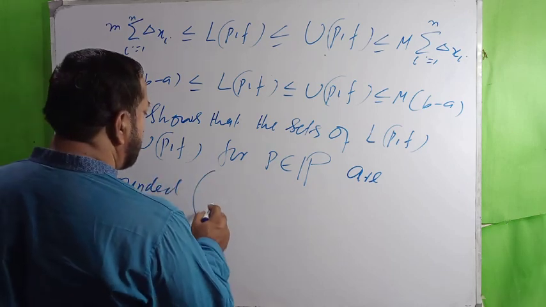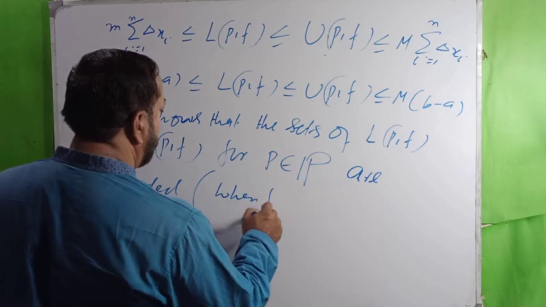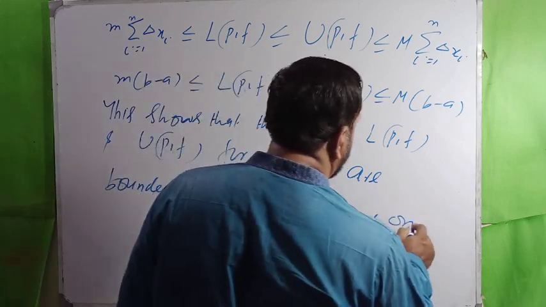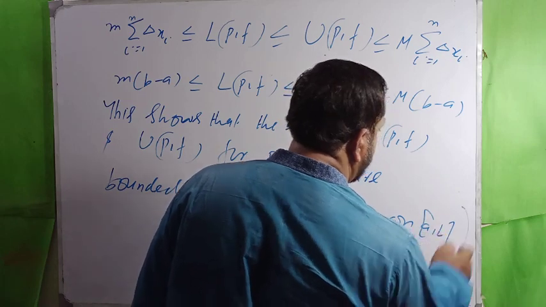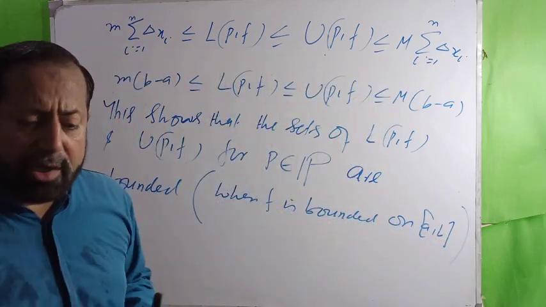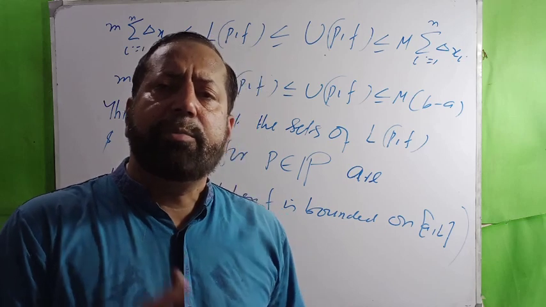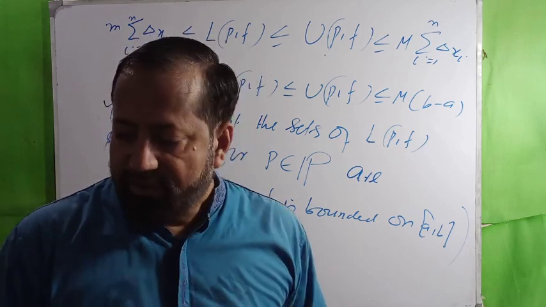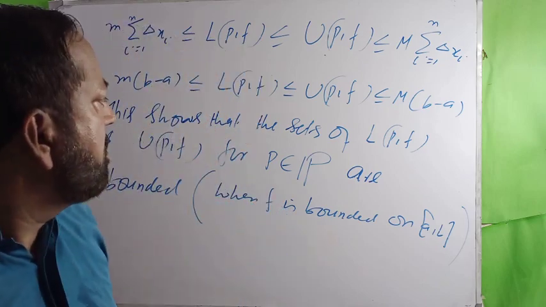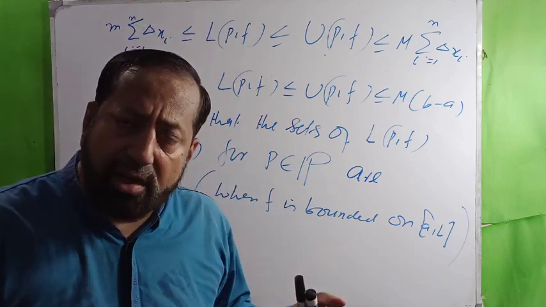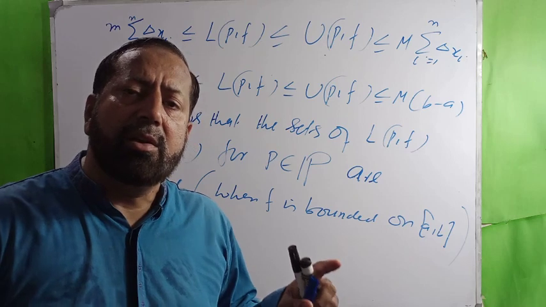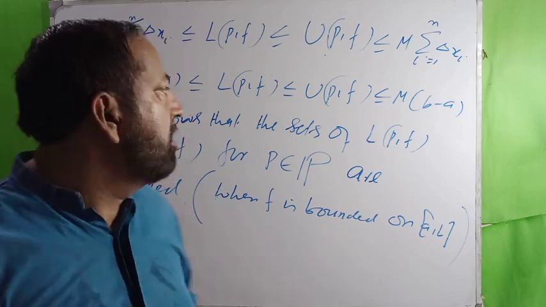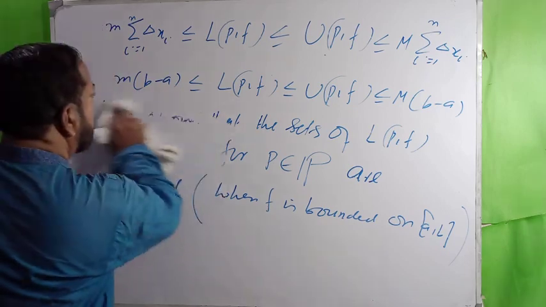Of course, we are saying that when f is bounded on the closed interval [a,b]. One thing. And secondly, we will see that upper and lower integrals are also bounded for a bounded function, right? So this is in fact the existence of upper and lower sums. Now I want to show the existence of upper and lower integrals. How can we prove that? It's so simple.